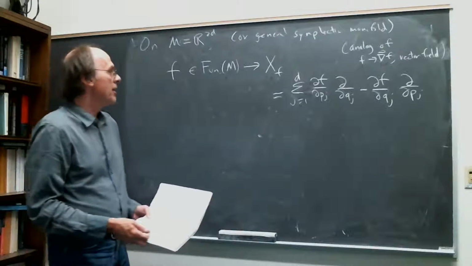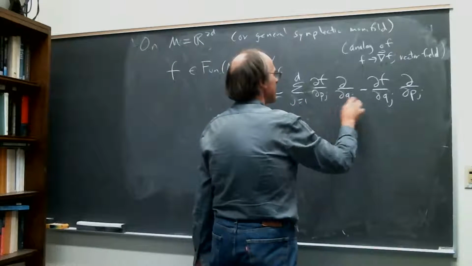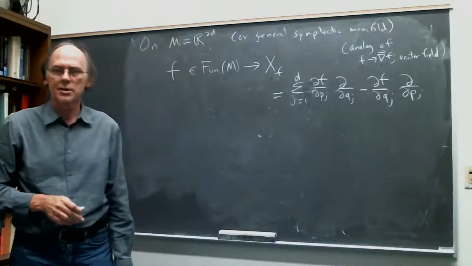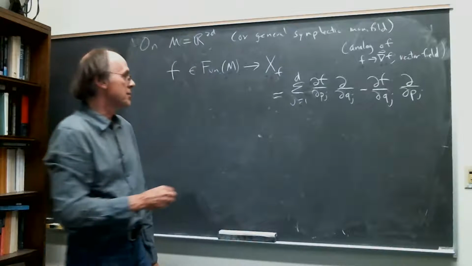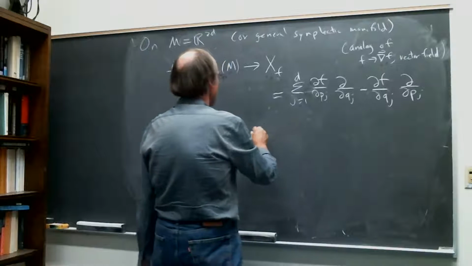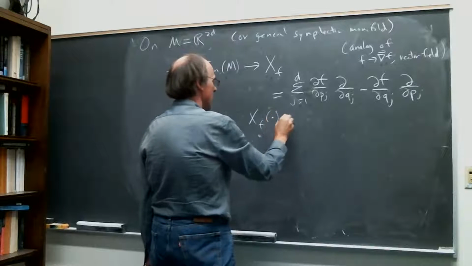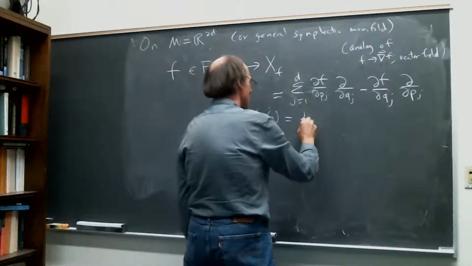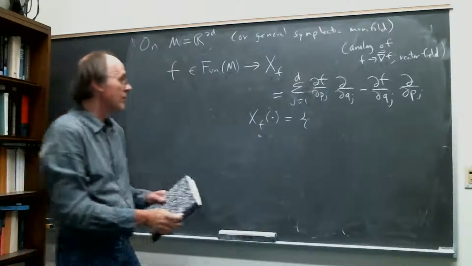Okay, and then now maybe the thing you should do is look at this thing and say, wait a minute, this looks a hell of a lot like the formula for the Poisson bracket. So X_f applied to a function is really just, let's get the sign right, just this.